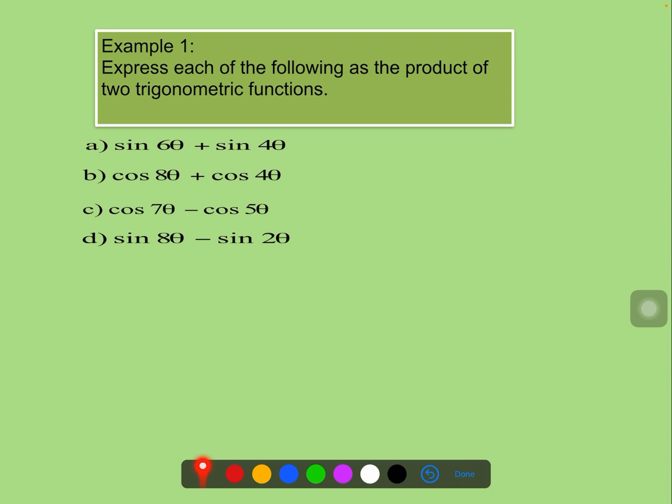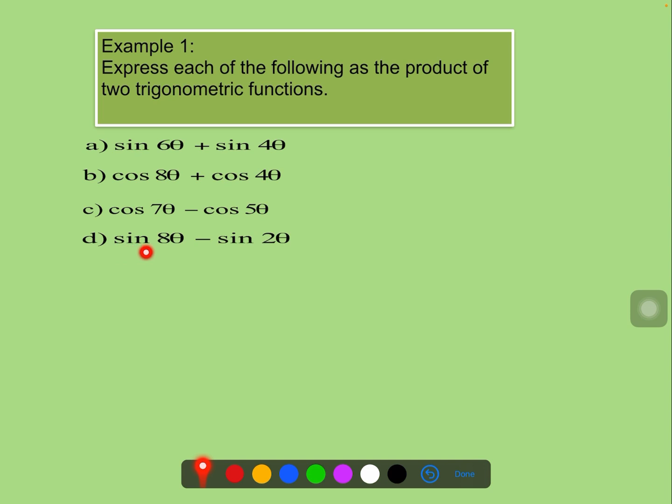Example 1. Express each of the following as the product of two trigonometric functions. A: sine 6 theta plus sine 4 theta. B: cos 8 theta plus cos 4 theta. C: cos 7 theta minus cos 5 theta.